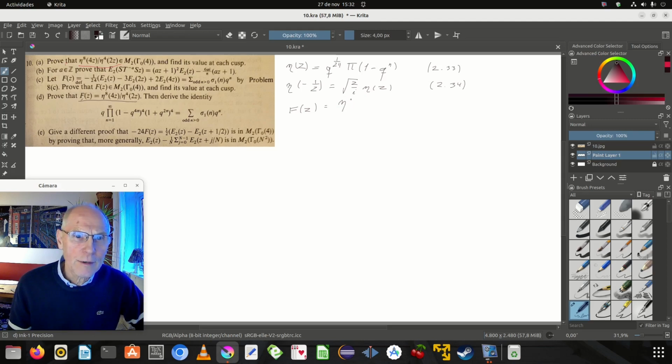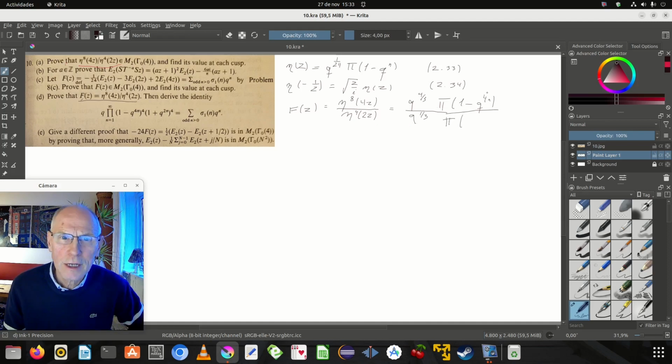I'll just write it to make sure that I have the right expression. For z, that means Q is Q to the 4th. So it's Q to 8/6, that's 4/3. And down here it's Q to 12, that's Q to 1/3, to the 8th.